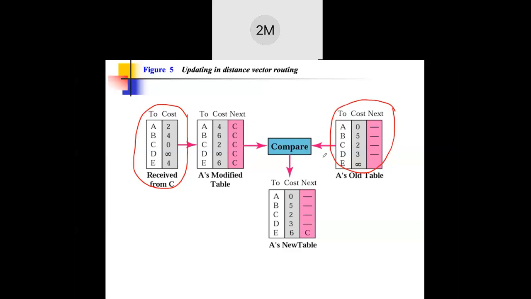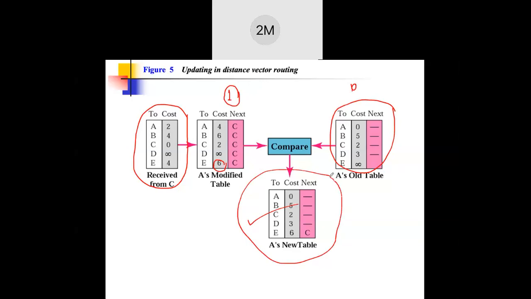D is 3, and for E, it will compare that this is 4 and C is at 2, so it will put 6, and what you will get is this modified table. So it will compare the table received from C and the original table, and it will update the table.